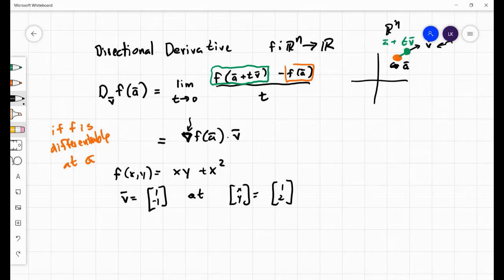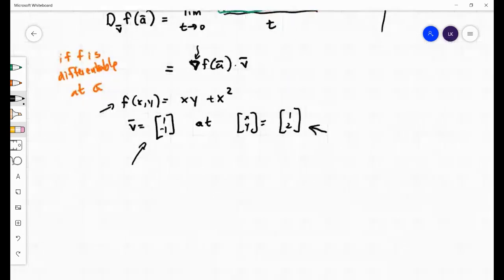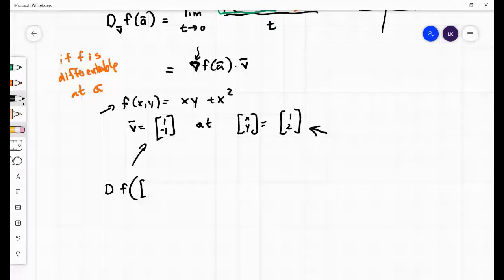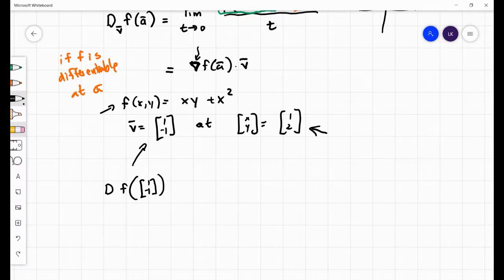So there are three things that you're coordinating: the function itself, the point at which you're going to be finding the directional derivative, and the direction vector. So you write the directional derivative of f at the point 1, -1 in the direction of vector v.